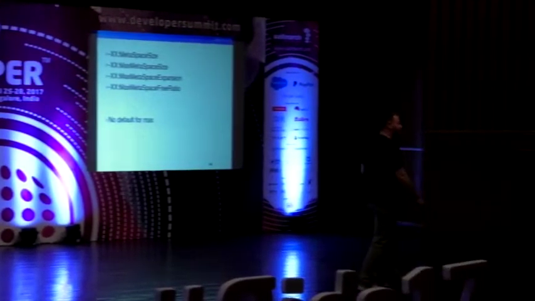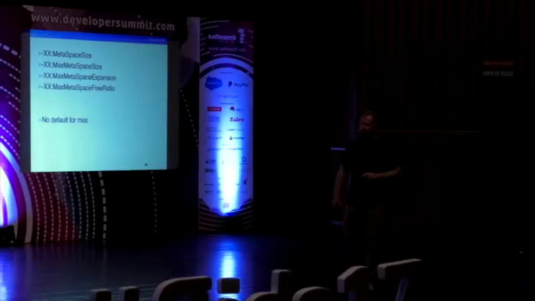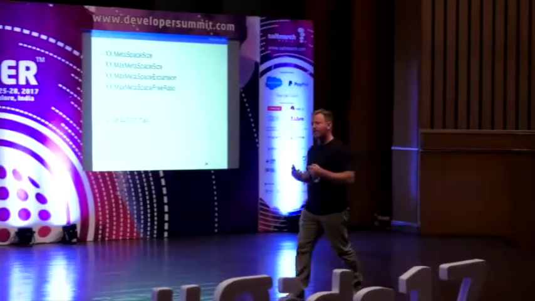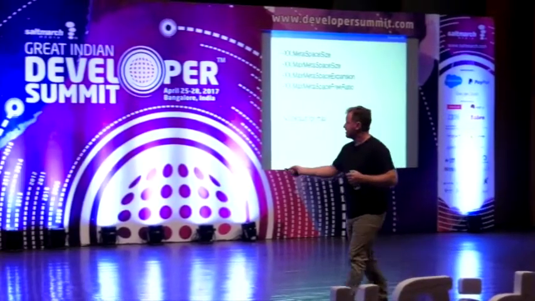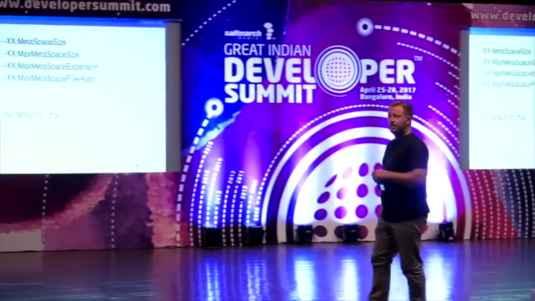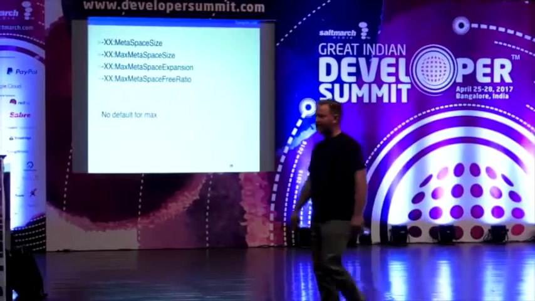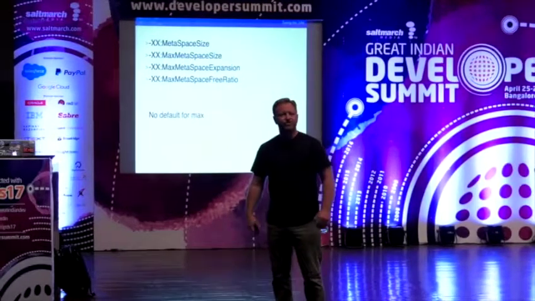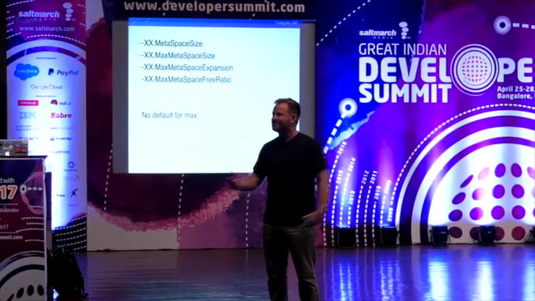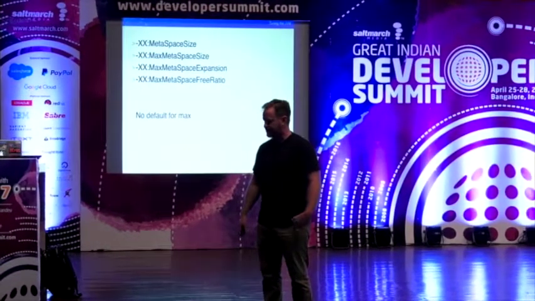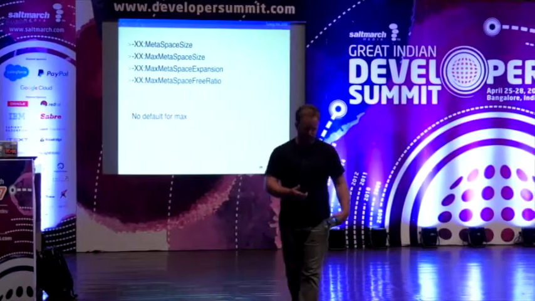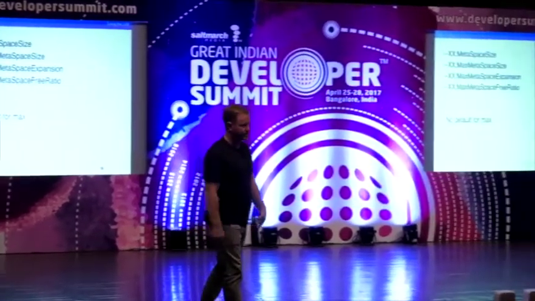One concern is if I have to go back to native space, how much at a time do I want? How much of a chunk of memory do I want to consume out of the native space? Hence the expansion. How frequently do I want to go get it, right? Those are the things that you can manage. Again, you're managing this at a native level and not inside the JRE level. Just be aware. And the default, if you don't set it, is unlimited. It's 0.